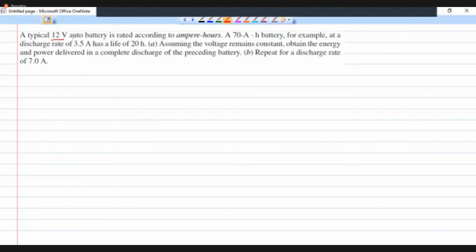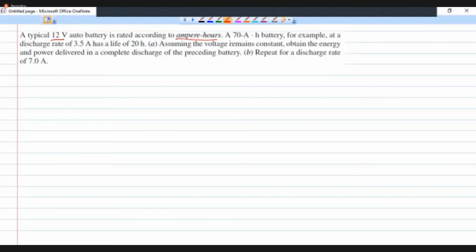Car also, auto battery means automobile battery, car or motorcycle, is rated according to ampere hour. So how is it measured? Ampere hour, right? So the rating is in ampere hour.